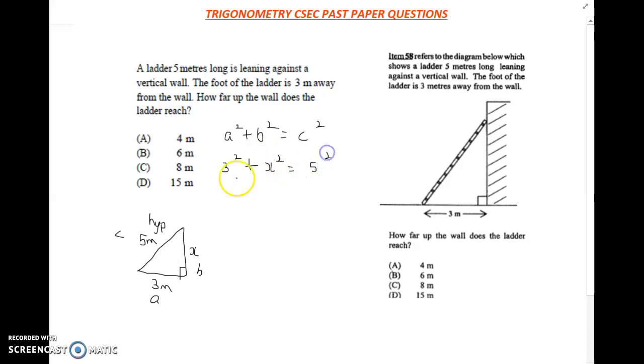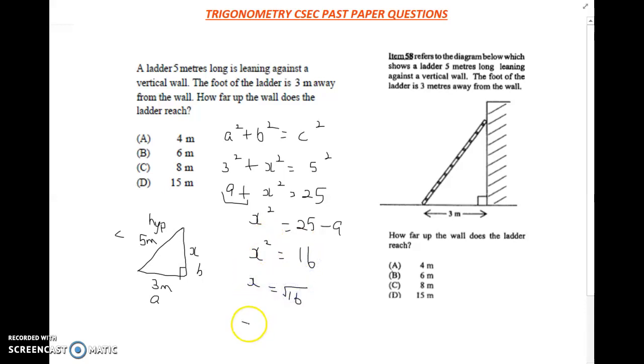So now we have 9, 3 by 3, 9, plus x squared is equal to 5 by 5, 25. So x squared is equal to, carry across the plus 9, 25 take away 9, which is 16. And x will be the square root of 16, which is 4.